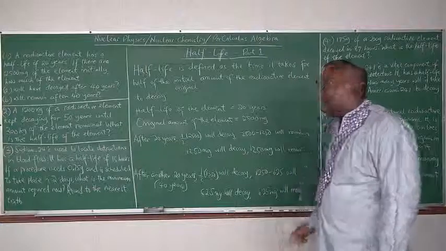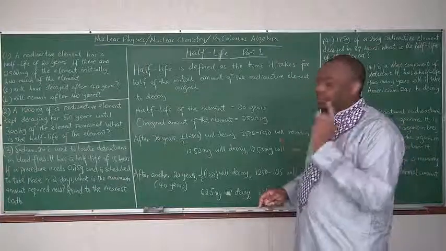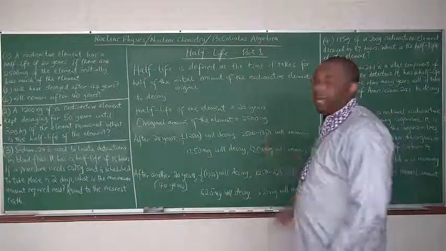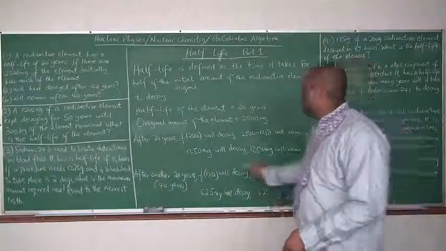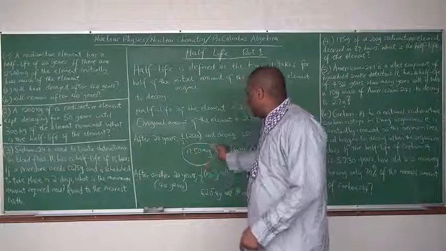Does that make sense? What is the original amount of the element? 2500. So how much will have decayed? It's going to be this guy plus this guy.